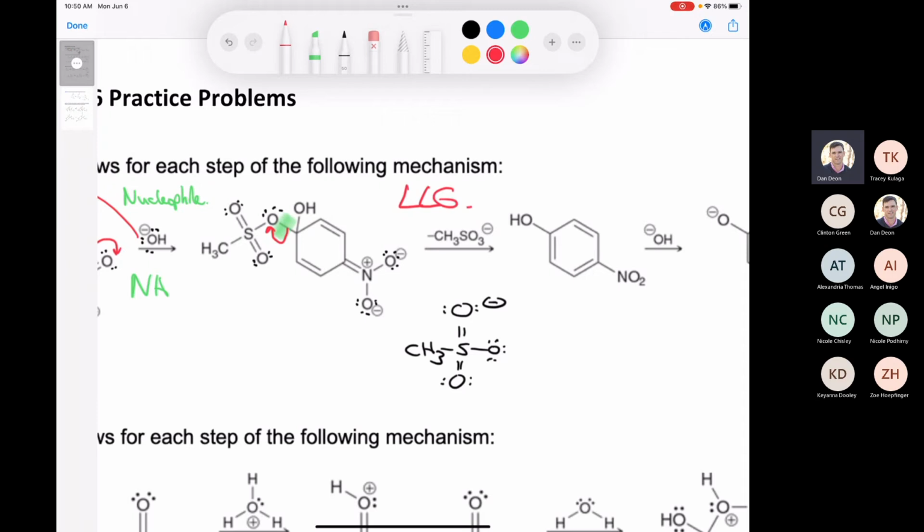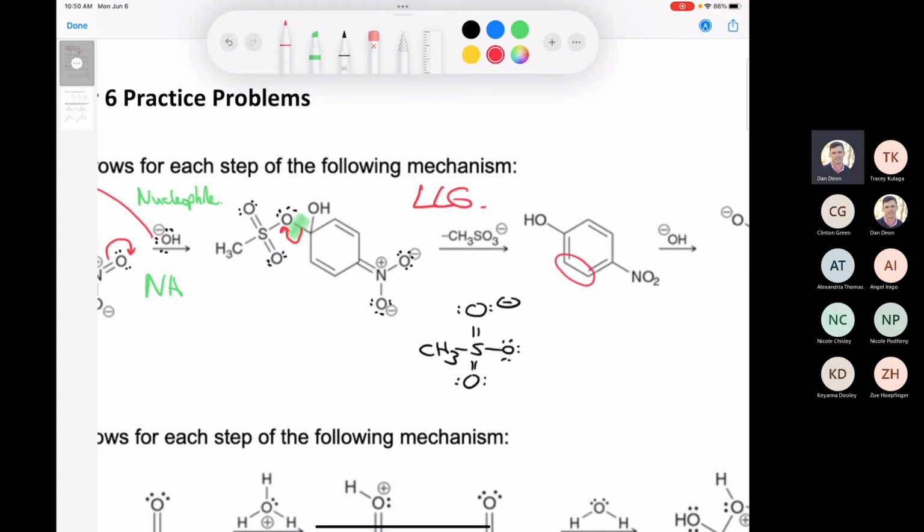Well, what else is happening? You see the ring here looks very different. So we have no pi bond here, but we do have a pi bond here. And so the pair of electrons here are making this pi bond, and the pair of electrons from here are making this pi bond.